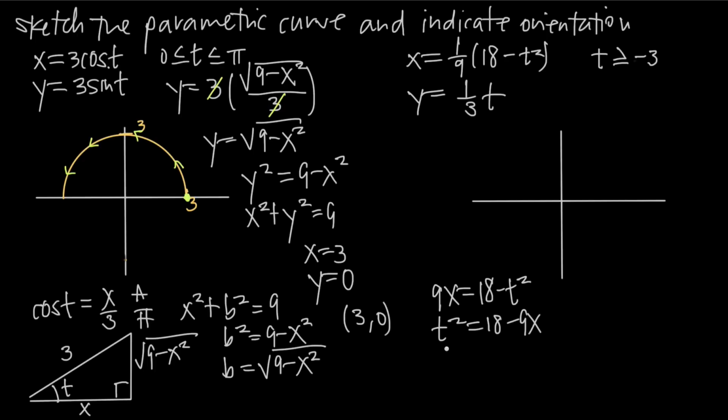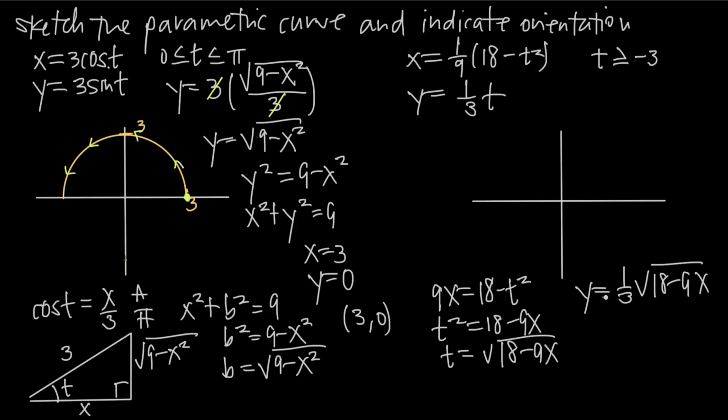Then we can take the square root of both sides to get t is equal to square root of 18 minus 9x. Now we can take this value we found for t and plug it into the equation for y. So since t is equal to root 18 minus 9x and y is equal to 1/3 t, we can say that y is equal to 1/3 times root 18 minus 9x.